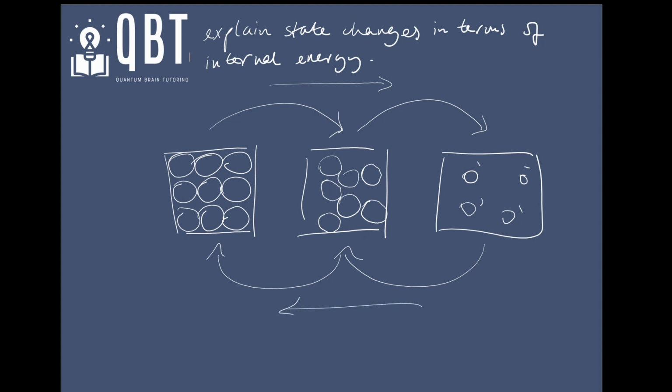It's worth noting that state changes are physical changes rather than chemical changes, which means that the substance itself is not actually changing, it's just taking on a different form. So those are state changes.